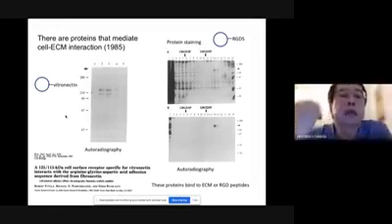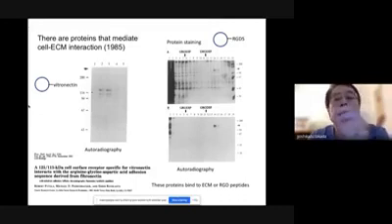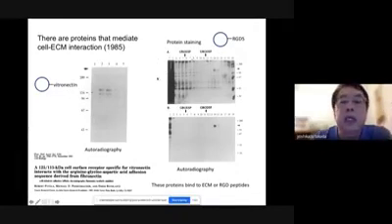Then the next work is also very important. They asked what component on the cell membrane side is involved in cell-ECM interaction. They put vitronectin or RGD peptide on beads, and labeled the cell surface proteins with iodine.